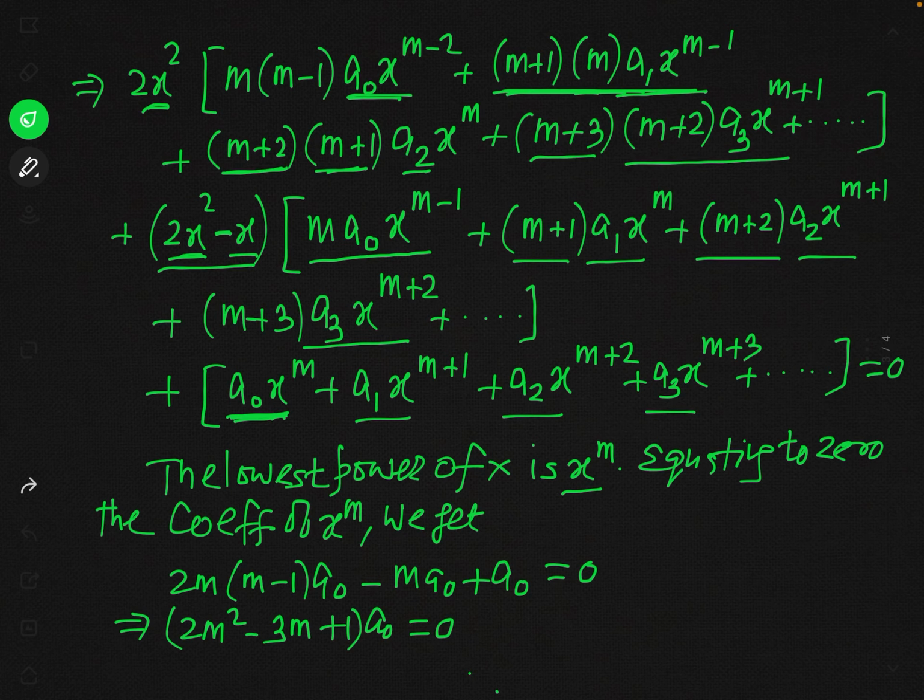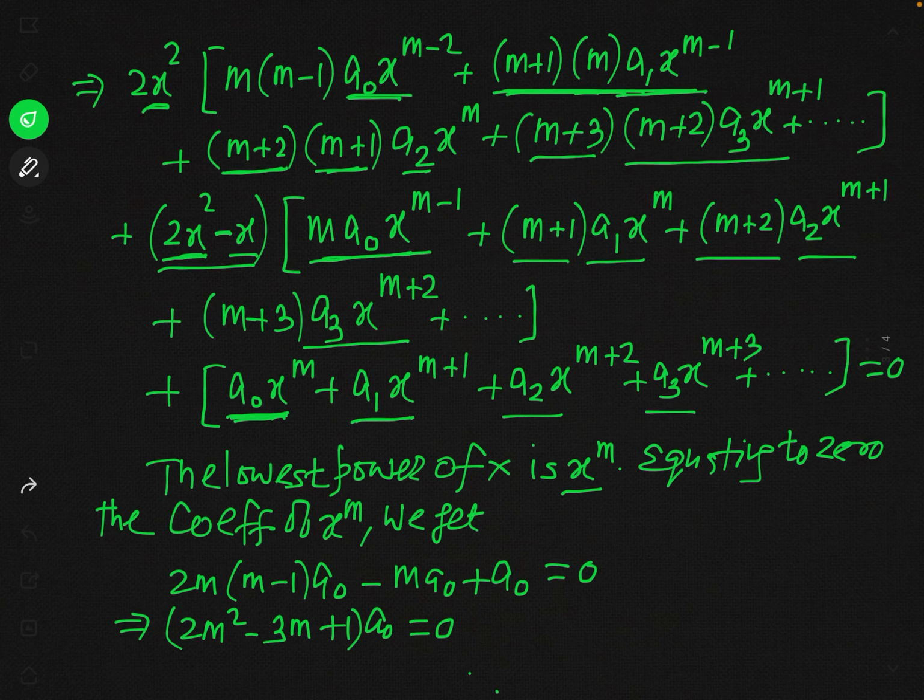In the second series, again when you multiply the first term by 2x square, the power on x will be 2 plus m minus 1, that is m plus 1. So the coefficient will be 2m a naught. And in the last series, you can see here directly we have a term x to the power m plus 1, and its coefficient is a1.